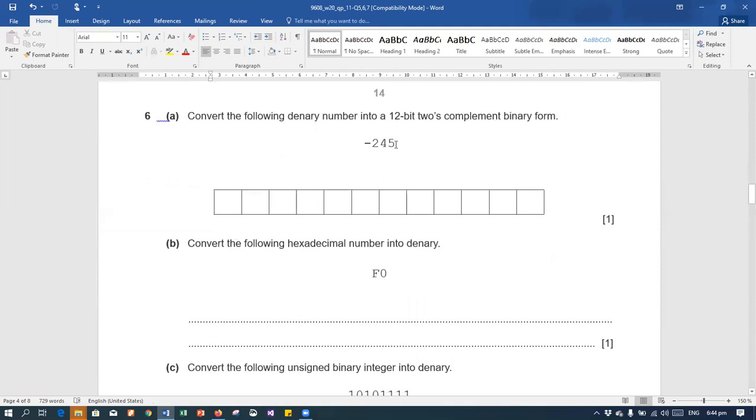Can you convert minus 245 into 2's complement? First convert it into denary and then the 2's complement of it.